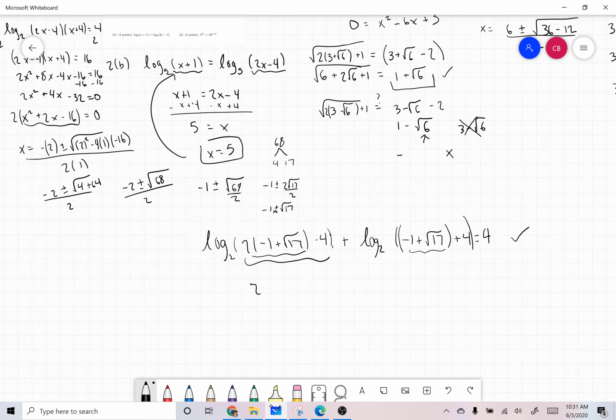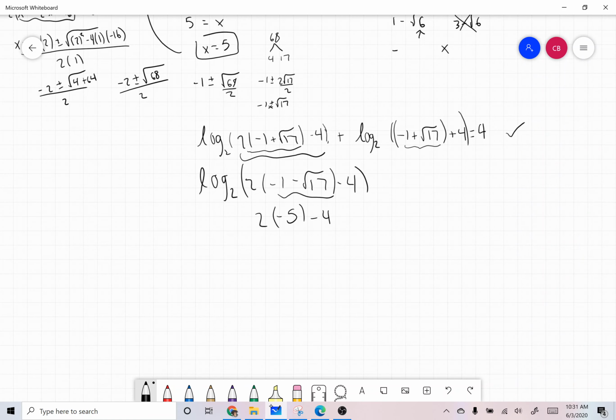well, this one is going to fail. Negative 1 minus square root 17 minus 4. Let's just look at this real quick. I won't write everything. This is going to be negative 4 and negative 5-ish. We'll just estimate it at negative 5.